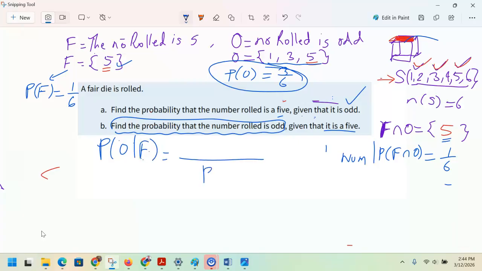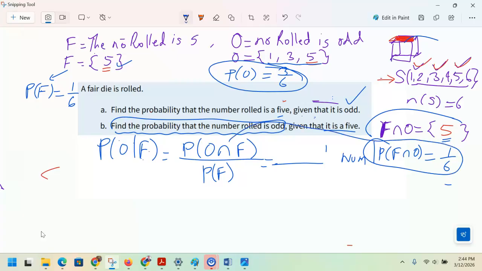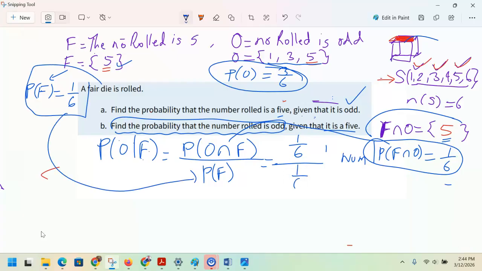The F goes down, probability of F, and the top one is probability of O and F. Now we already know the answer, that O and F goes right here, which is 1 out of 6. And the F is right here, which is also 1 out of 6.